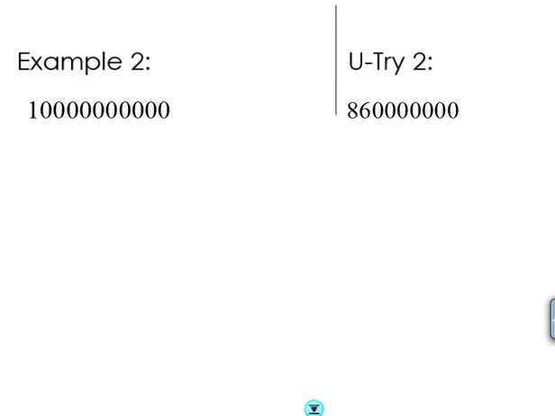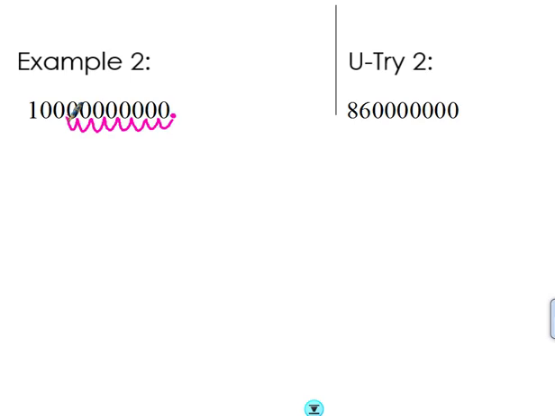Here's my next example. This time we are going to try to convert this big number into a scientific notation, and the decimal point on any given number will be at the end of it because it's a whole number, and I will move the decimal point until the remaining number is between 1 and 10. Now 1, 2, 3, 4, 5, 6, 7, 8.